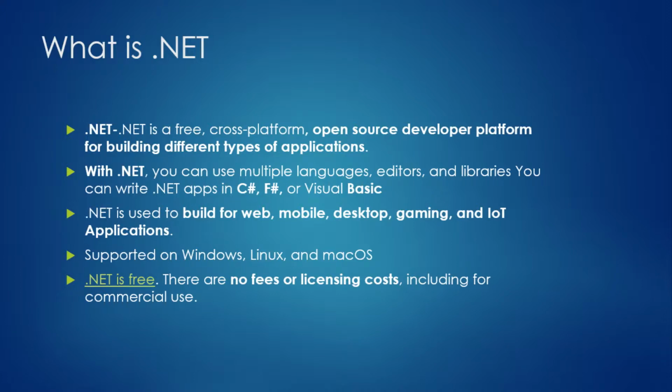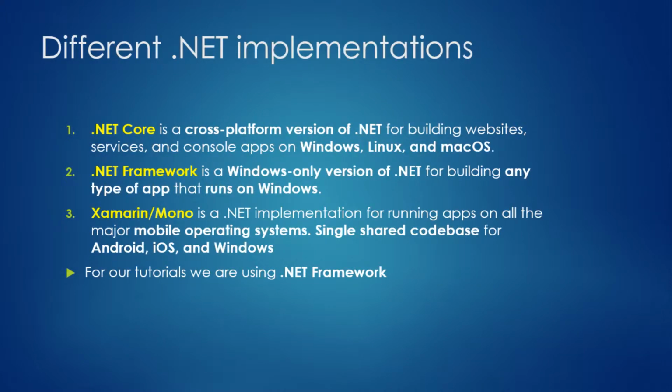In this we are seeing what the different .NET implementations are, and what the basic difference between them is. There are three major .NET implementations: .NET Core, .NET Framework, and Xamarin or Mono, you can say.